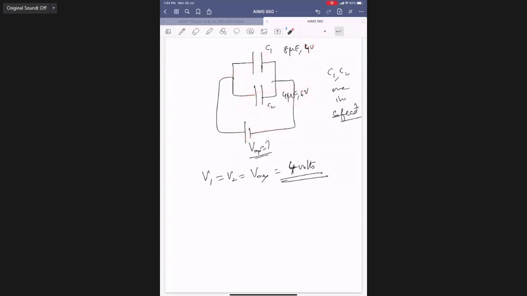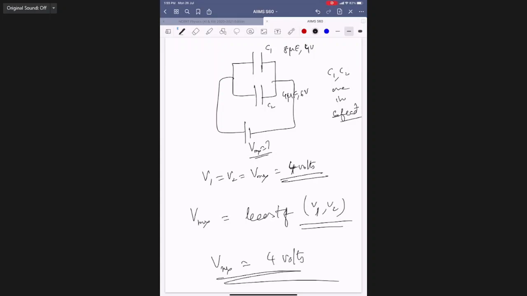So in series, take the least charge. In parallel, take the least voltage. So V max equals the least of V1 and V2. What is the least of V1 and V2 in this example? Four.